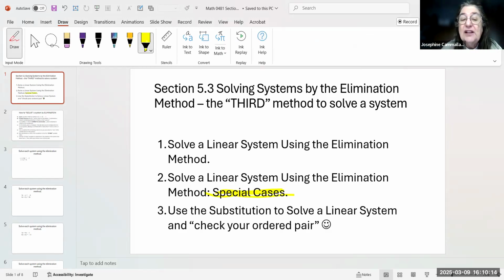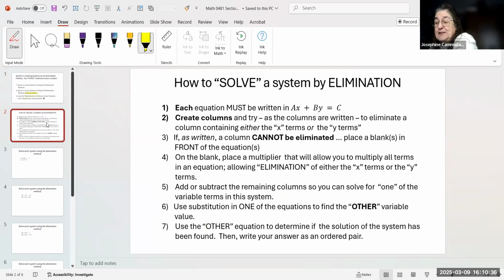And in the process of elimination, these make life pretty easy. And then we're going to use substitution to solve or check your ordered pair. This is the best way to ensure that you never have a mistake. Well, let's go to the steps.